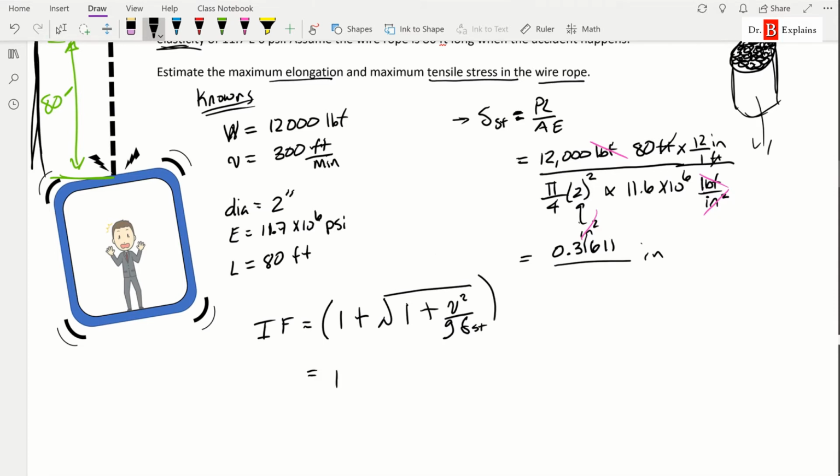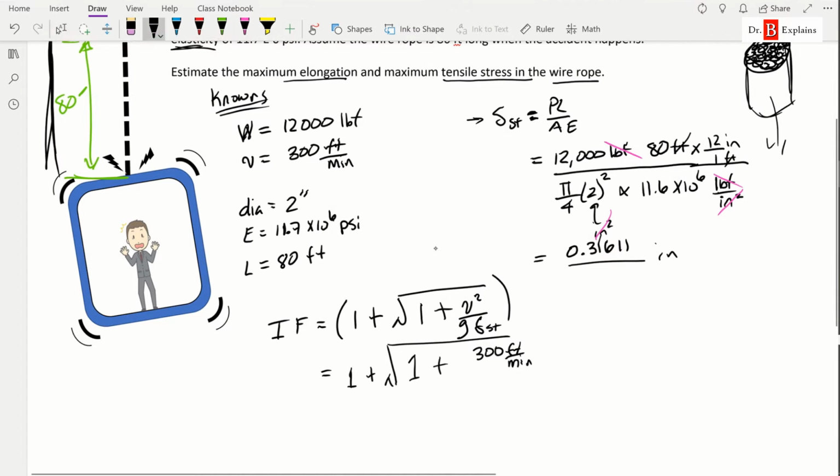So here we go. We put our number 1 here, plus the square root of 1 plus the velocity, which is 300 feet per minute. That quantity is going to get squared, but let's check the units before we square it.